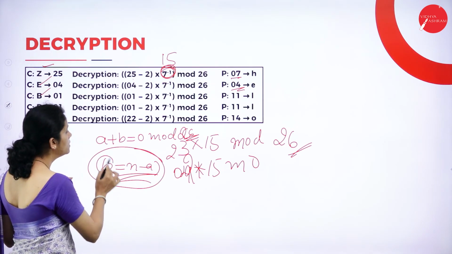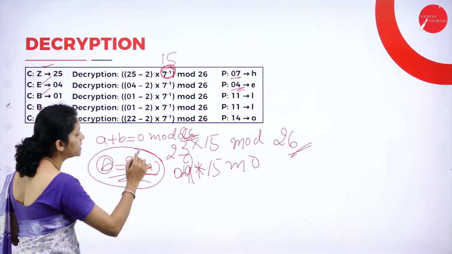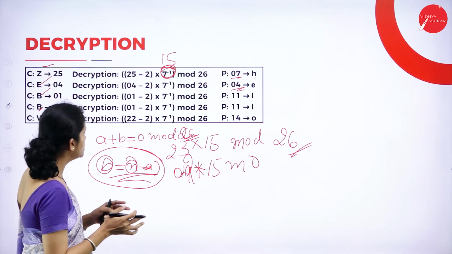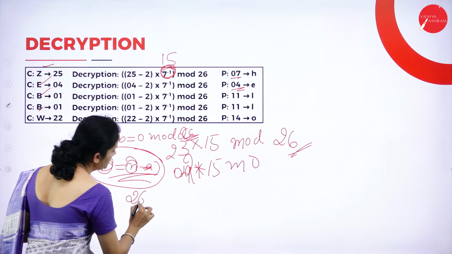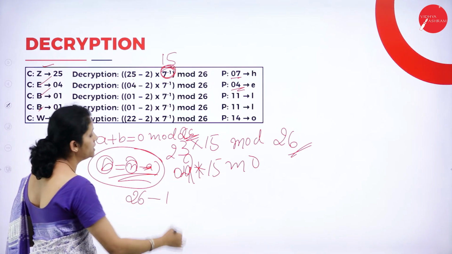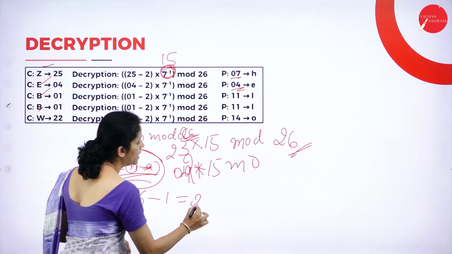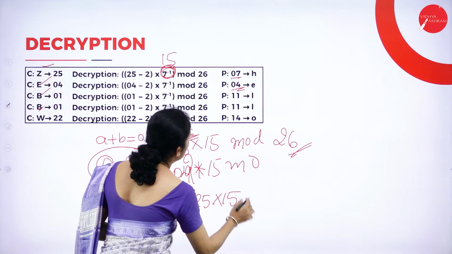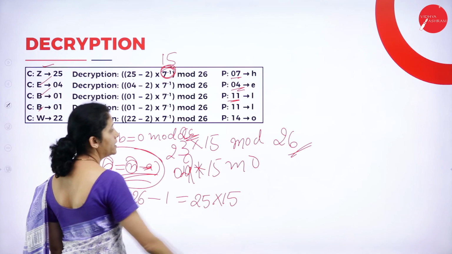Here N is nothing but the range and A is nothing but my plain text value, and substitute. So dear student, here I'm going to get N value 26 minus A, which is 1, that is 25, and I want to multiply this with 15 and take the modulo of that, and I'm going to get the remainder 11.